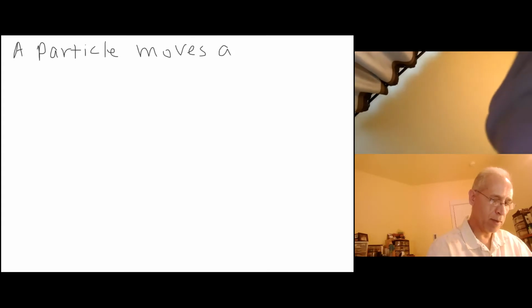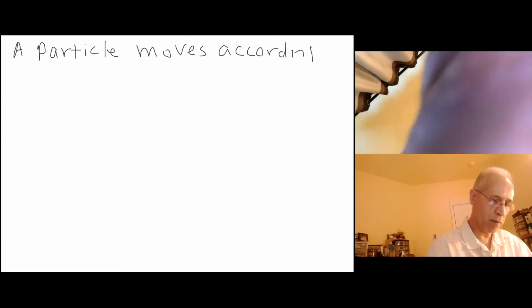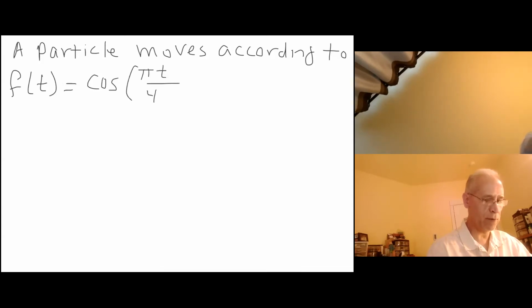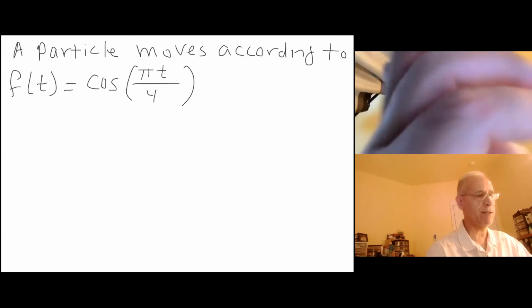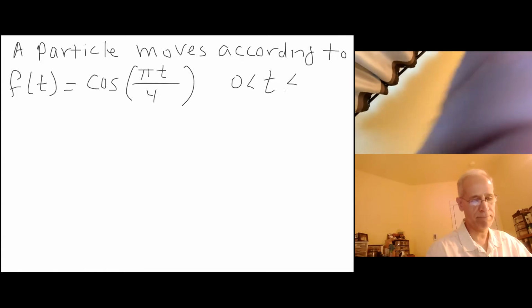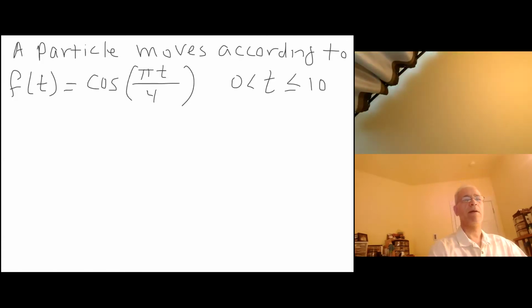A particle moves according to f of t equals cosine of pi t over 4, and let's say t is between 0 and 10. That we didn't go around for too many times.